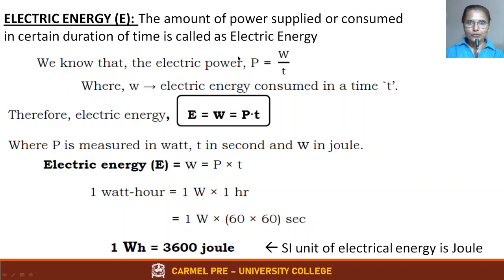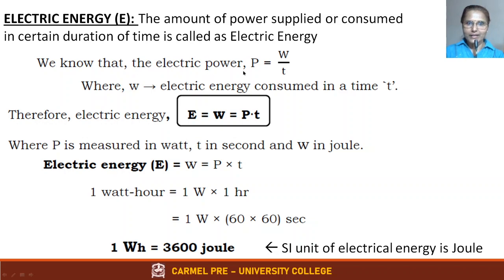For example, if you are using a tube light for 7 hours a day, and the tube light's power rating is 40 watts, then 40 watts into 7 hours becomes the energy consumed by you. That is the electric energy that we are talking about.